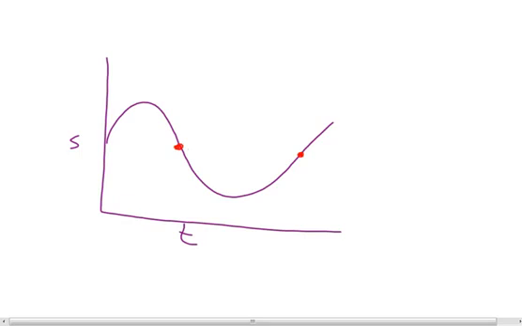From here to here, our acceleration is positive because the slopes are increasing. What does the slope of a position time graph represent? Instantaneous velocity. My velocity at this point is pretty negative, and here it's 0. All the way here, my slopes are becoming more and more positive. They're increasing, and when our slopes or velocities are increasing, that is positive acceleration.